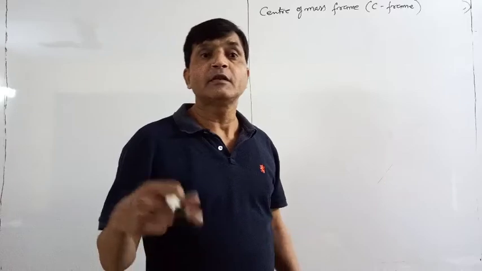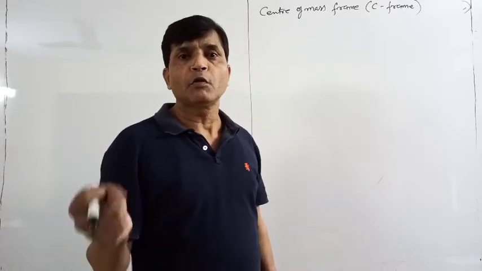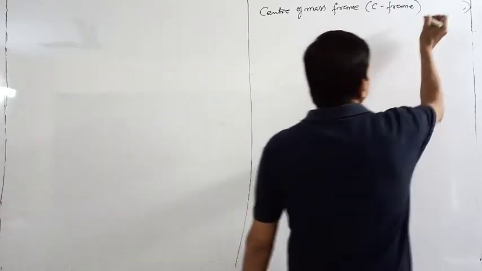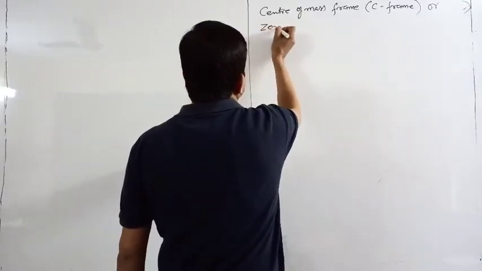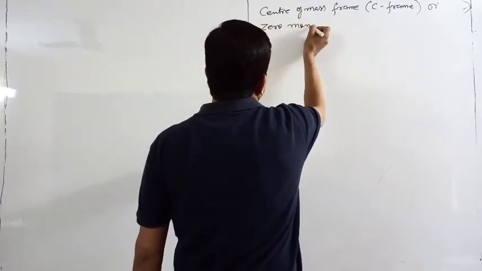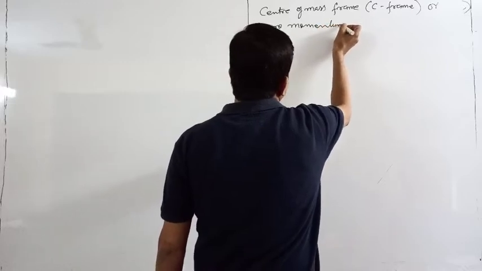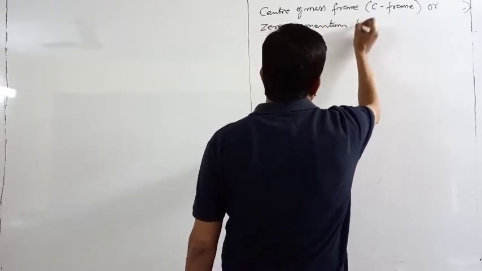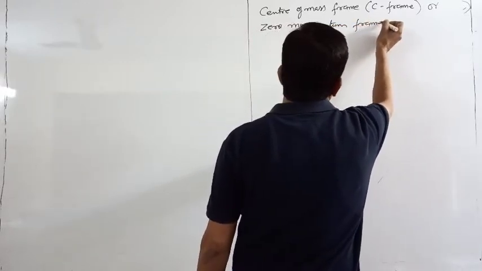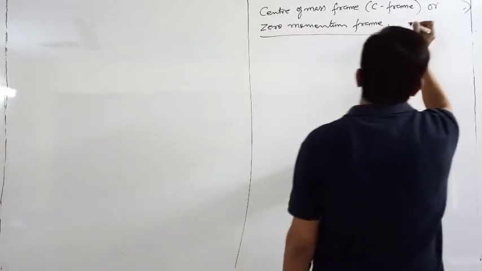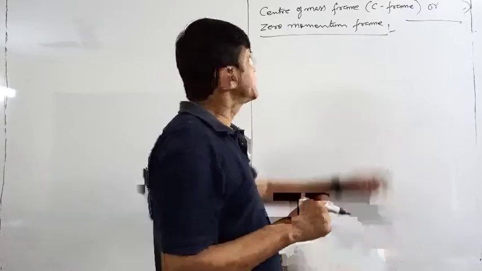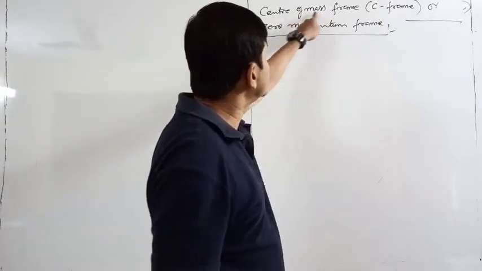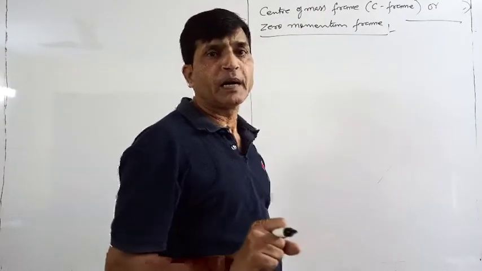That's why this frame is also called the zero momentum frame. Okay, so all these are the same name. So whenever we say zero momentum frame, it means we are observing from which point? From the center of mass.